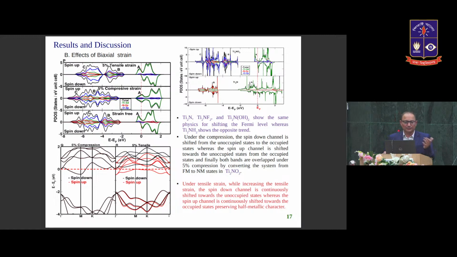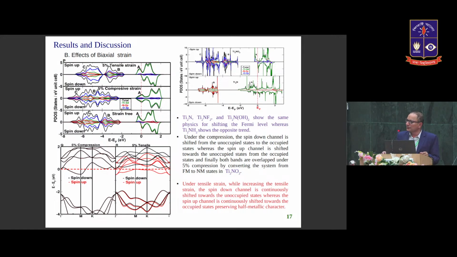But in compression there is non-magnetic type of behavior it observes, and metallic character as it crosses the bands, so it is non-magnetic, metallic. So there is no effect of spin up and spin down channels.